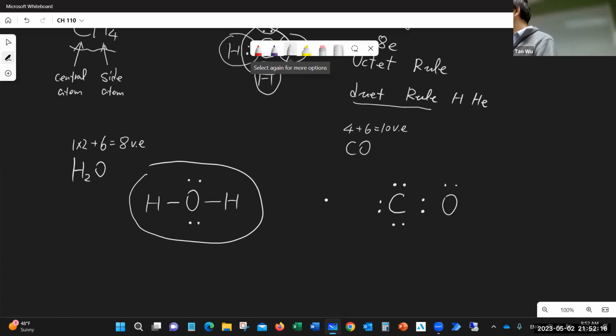We're going to move the lone pairs to the shared electrons. How many lone pairs do we have? We have 1, 2, 3, and 4. We have 4 lone pairs to move to the shared electrons. Which lone pair are we going to move? Some students said, can we move this paired electron over here?